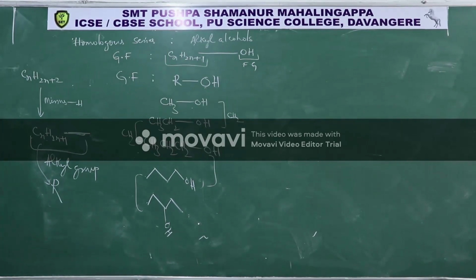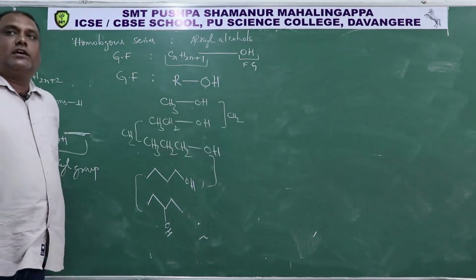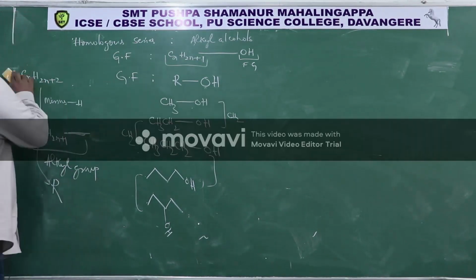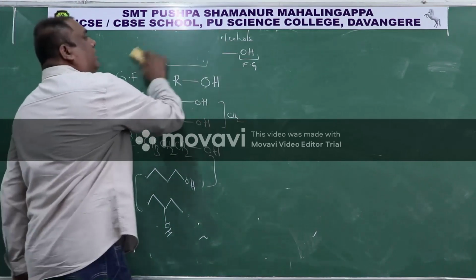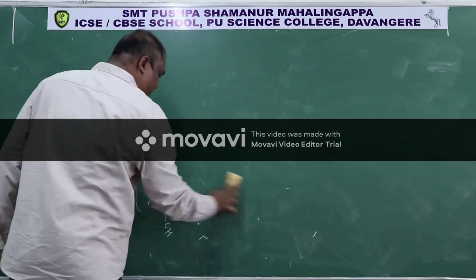So, in the last class I said that in the next class I am going to start nomenclature of organic compounds. So dear students, let me start how to name an organic compound.